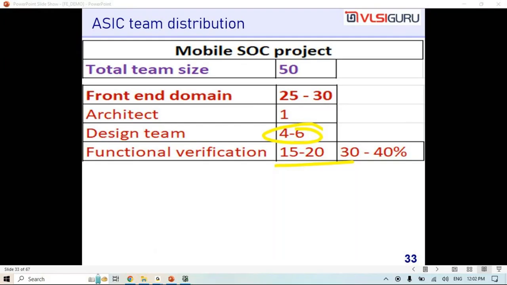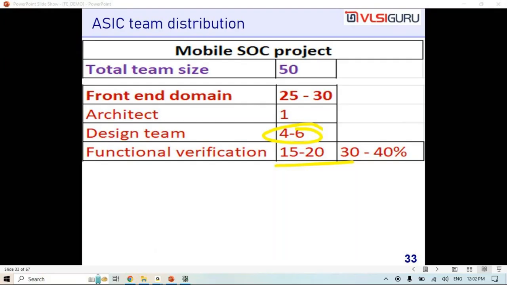It is because design work happens through IPs. IP stands for intellectual property. Whatever I need, I buy from someone else. Let's say I am setting up a company for mobile SOC. I will not do everything from scratch.